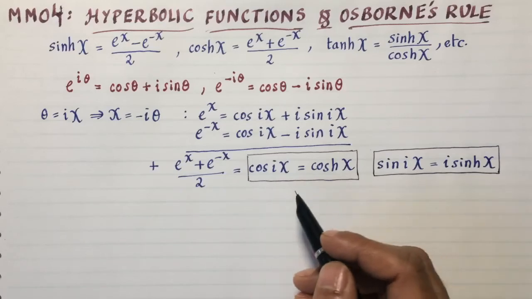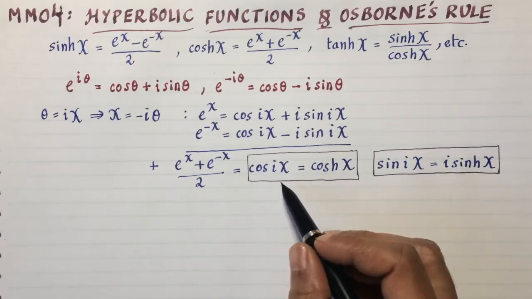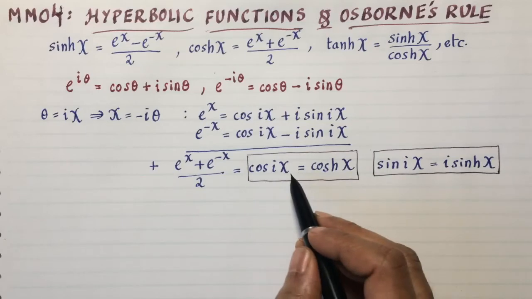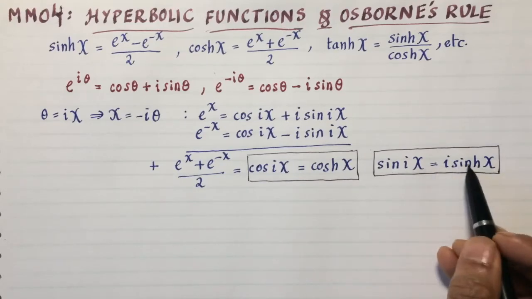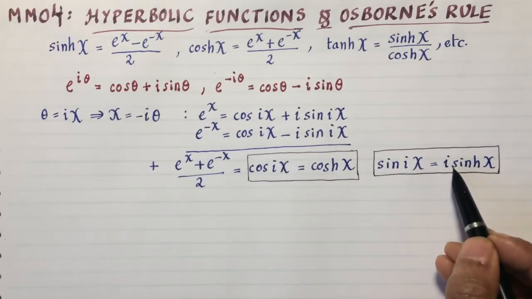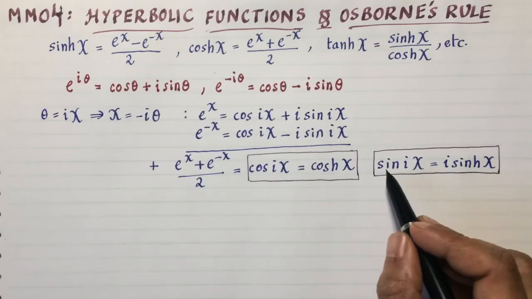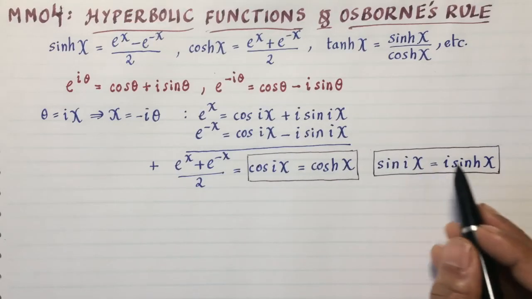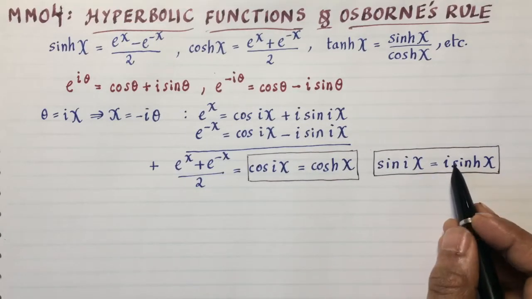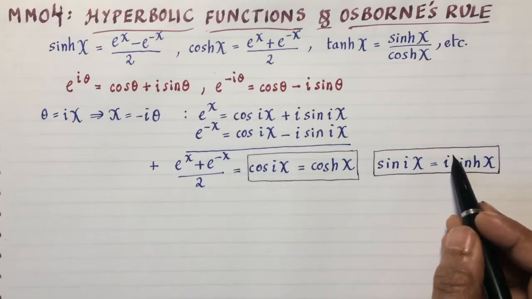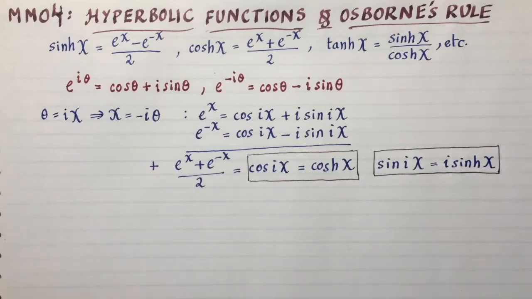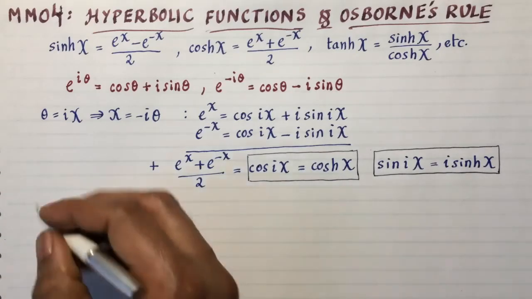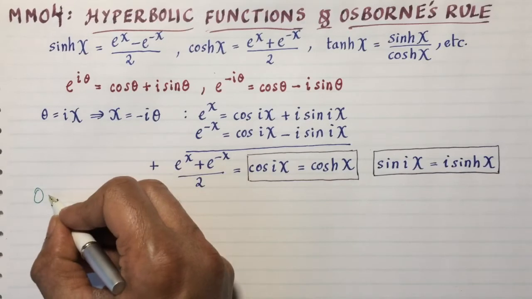This also leads to something called Osborne's rule. If you'll notice, the cosine and the cosh are somehow directly related, but the sine and the sinh are off by this factor of i. So in any trigonometric formula with a sine squared, if you try to get the corresponding hyperbolic formula, you will have to multiply it by i squared. i squared is -1. So Osborne's rule summarizes these results.